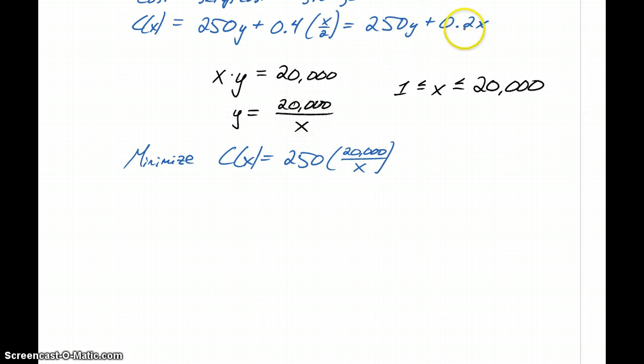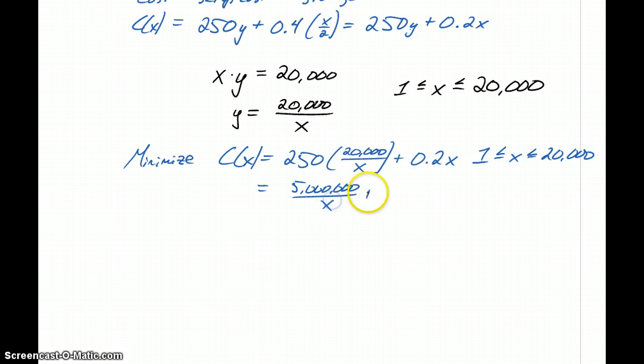So replacing this original cost equation, replacing that value y with 20,000 over x, plus 0.2x on the interval from 1 to 20,000. So we can simplify this a little bit. This is 5 million over x plus 0.2x.